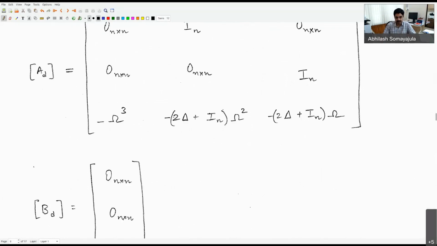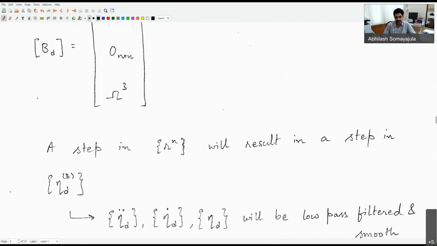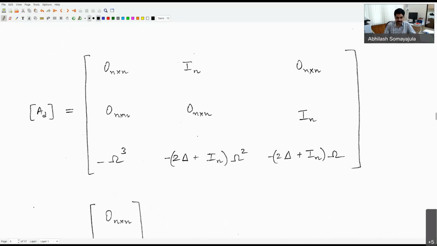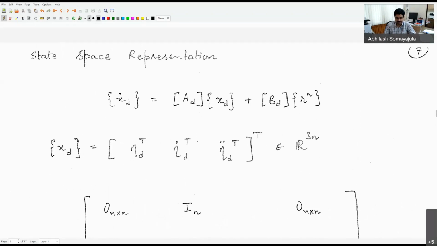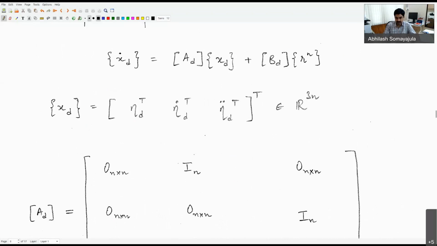Okay, and again I can formulate the so-called AD and BD matrices, and a step input in Rn will result in the third quantity's derivative. So eta d, taken the third derivative, will result in the step.